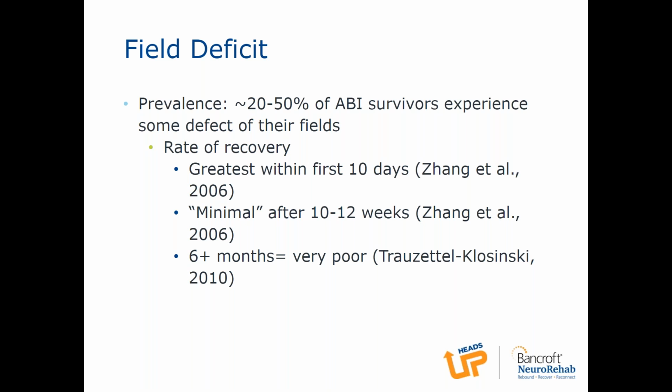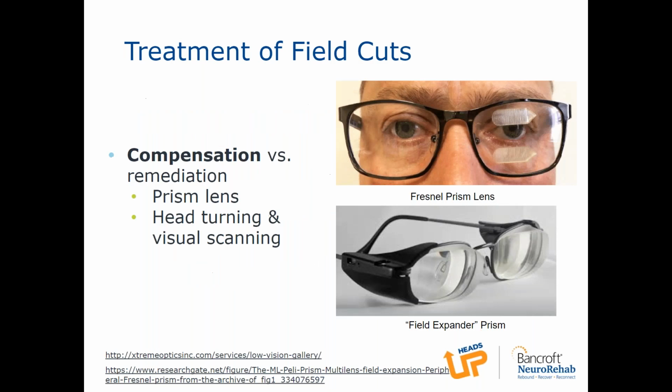Oftentimes, especially in outpatient, they're at least 12 weeks post-injury. So at this point, I can assume that their fields are not going to spontaneously recover anymore, so we really need to work on compensation. And by 6+ months, there's a really poor rate of recovery.